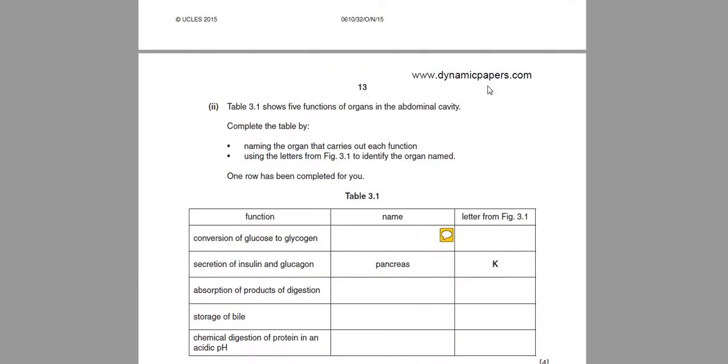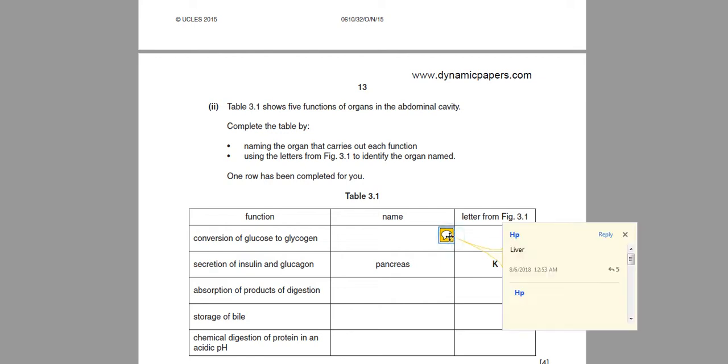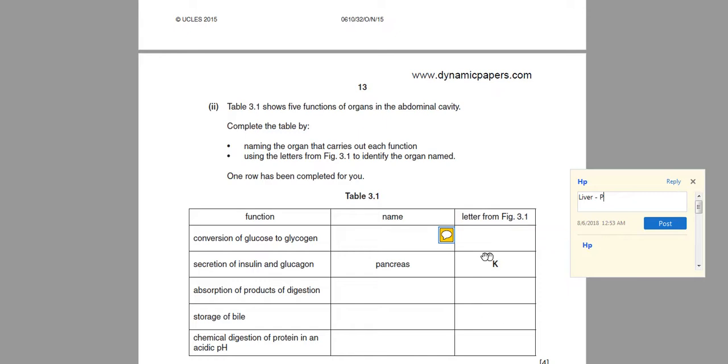So this will be my answer, liver, and the letter is going to be P. Understand? Okay, after that what do we have? Then after that, the second one is already done for us. Secretion of insulin and glucagon, as I just said, is produced in the pancreas. It is secreted by the pancreas. So this is already done.